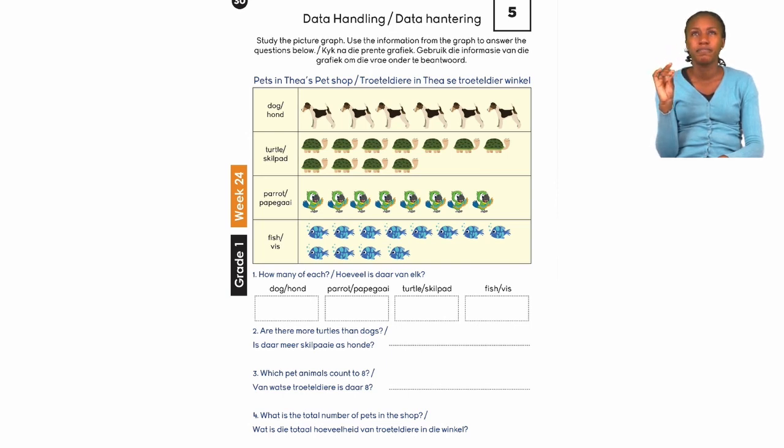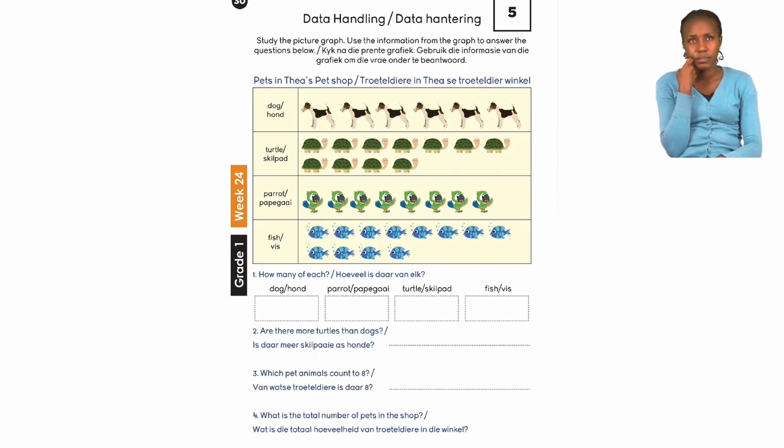Let's count the turtles. 1, 2, 3, 4, 5, 6, 7, 8, 9, 10, 11 turtles. Let's count the parrots. 1, 2, 3, 4, 5, 6, 7, 8.